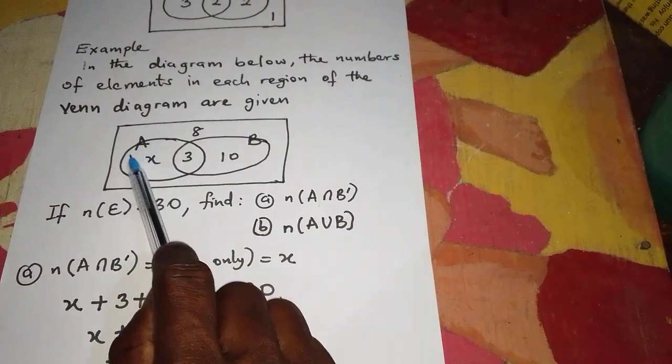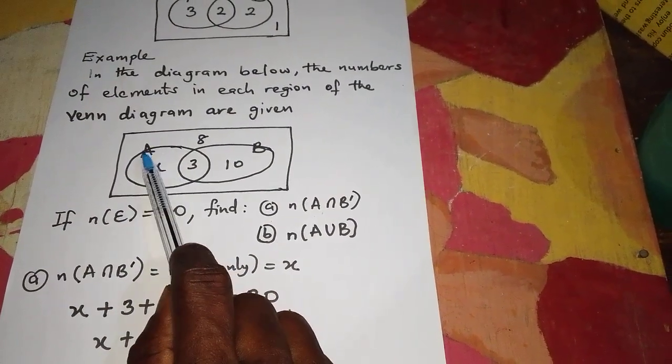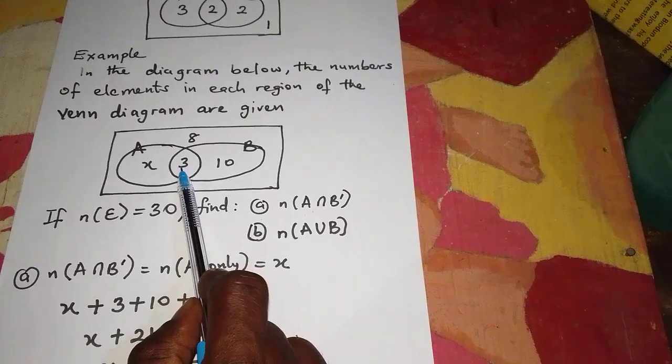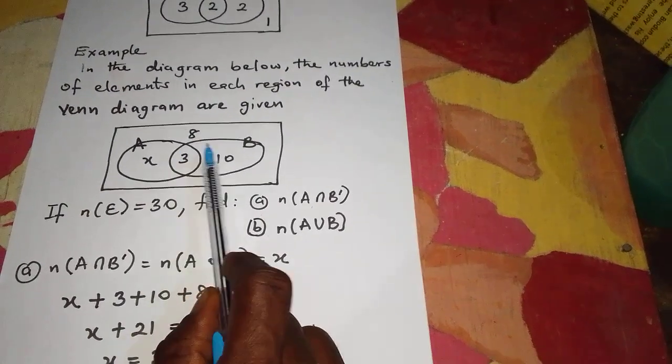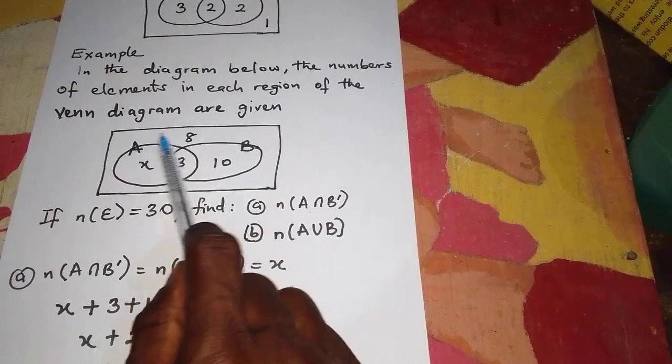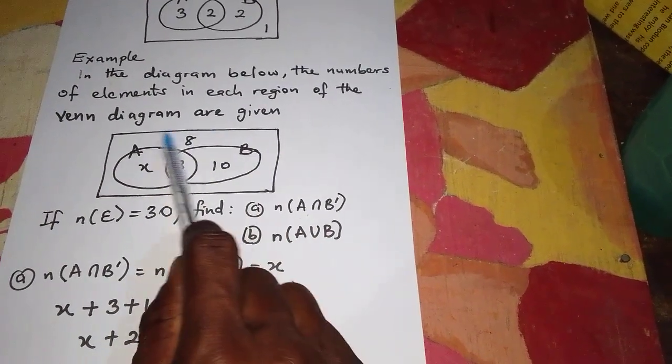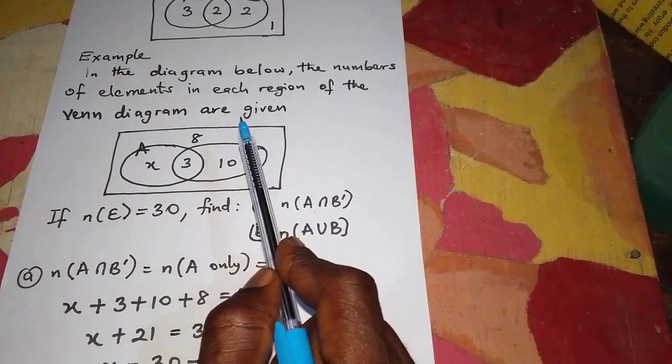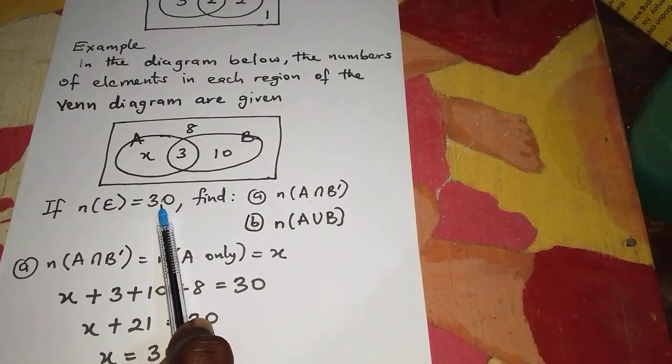If you add those elements in A only, plus those elements in A intersection B, plus those elements in B only, plus those elements that are not in the two but in the universal set, add them together, you should be able to give us 30.